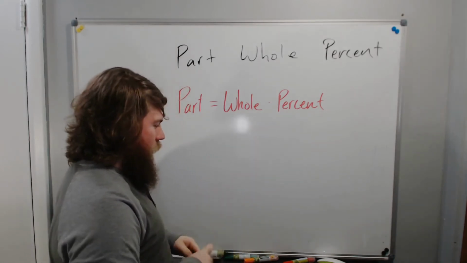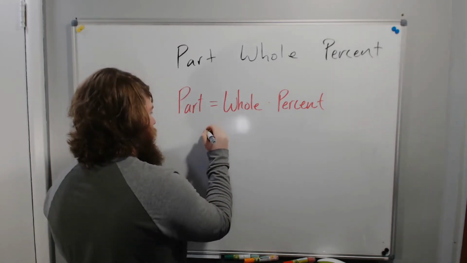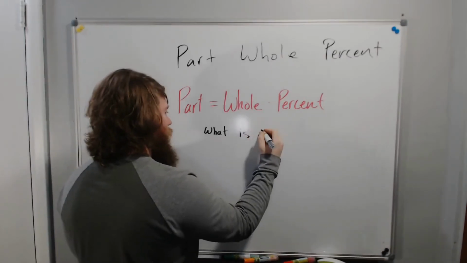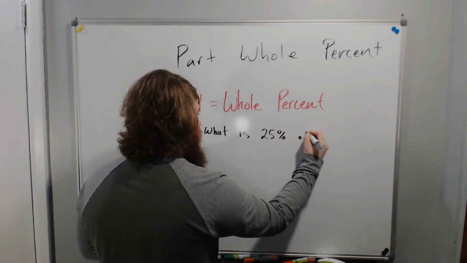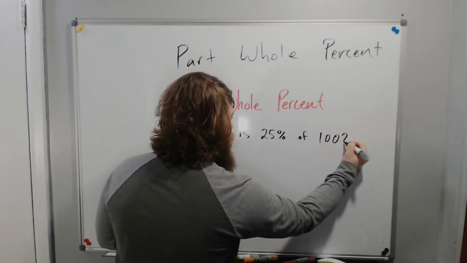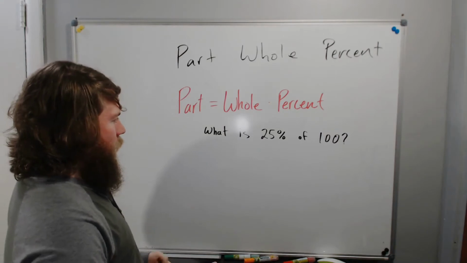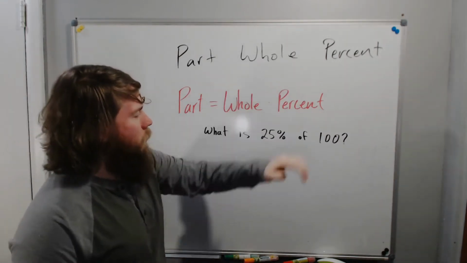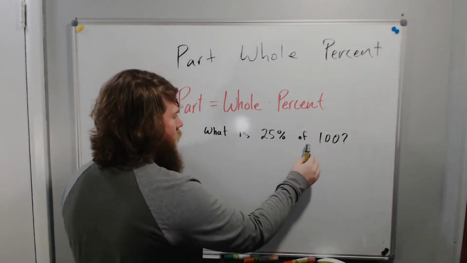Okay. And maybe as a quick little example, a super basic example, okay? So we have a word problem. We need to identify the three parts. So what's the part, what's the whole, what's the percent? What is 25% of 100?